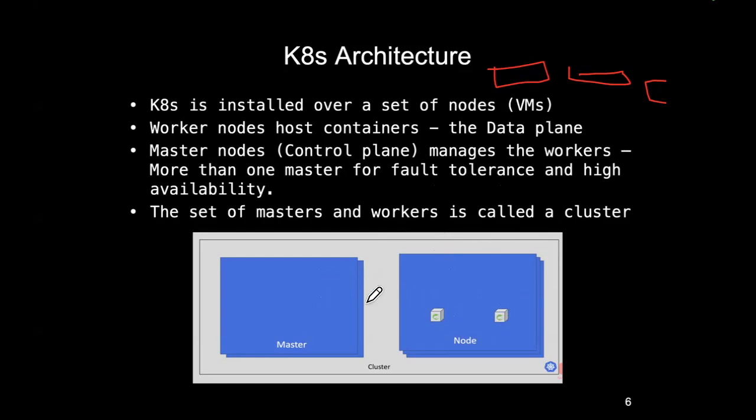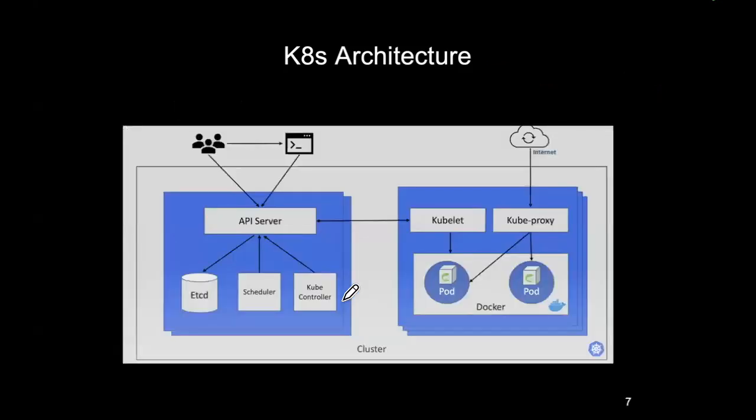Now, if we look at the internals of these two types of nodes, some of the Kubernetes components are running on the master node, and other Kubernetes components are running on the worker nodes. So it's a typical distributed installation.